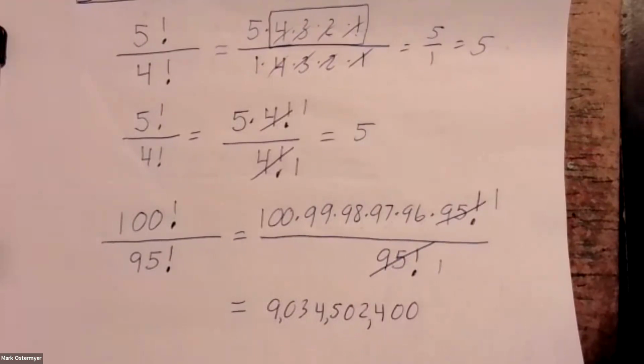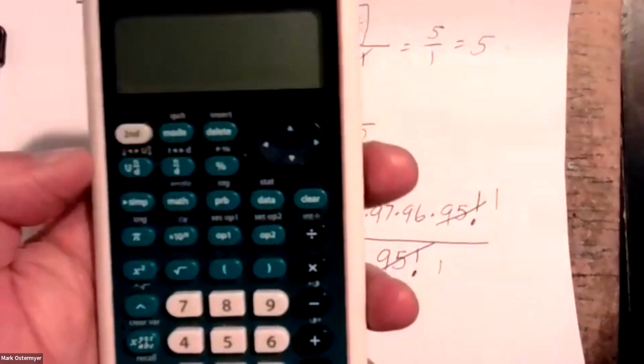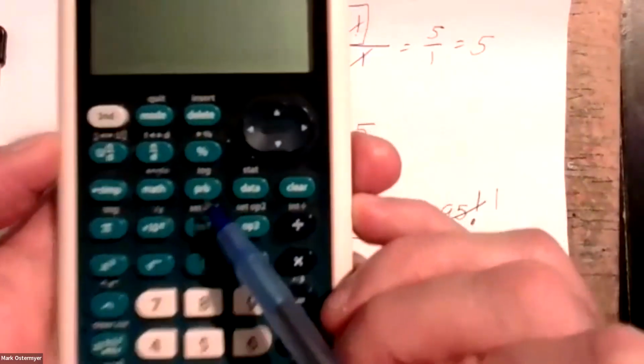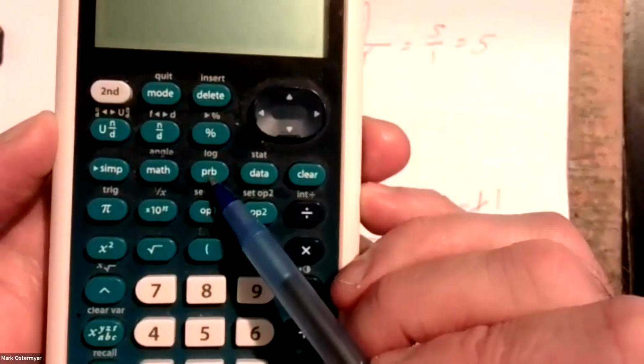But where does the factorial hang out in the TI 30? I'll bet dollars to donuts, because look at my TI 34. My TI 34 has a probability button on it. You see that button, PRB? That's short for probability.